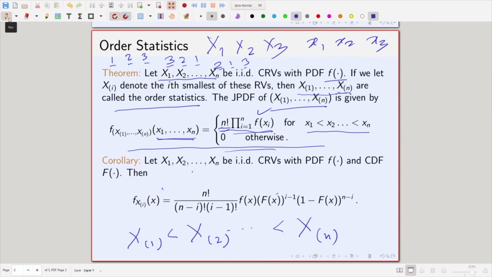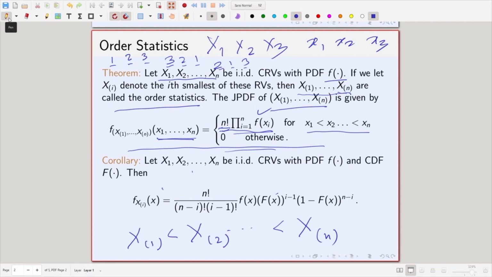Now when you have a joint density, you can calculate the marginal densities just by integrating out the other variables. We will not see the proof of that because it involves some slightly tedious calculation. The proof is not difficult: when you are given the joint density, finding the marginal density, you know what you have to do.